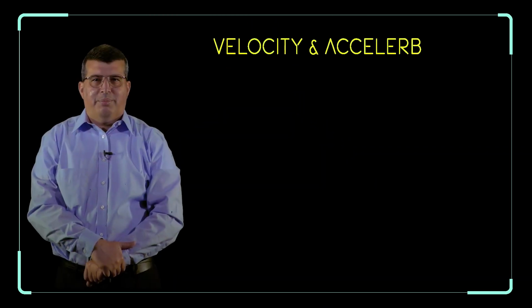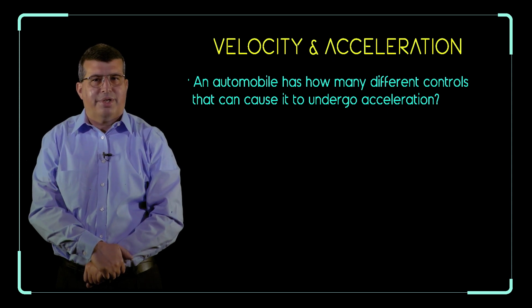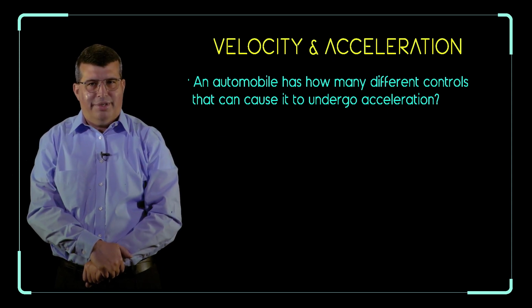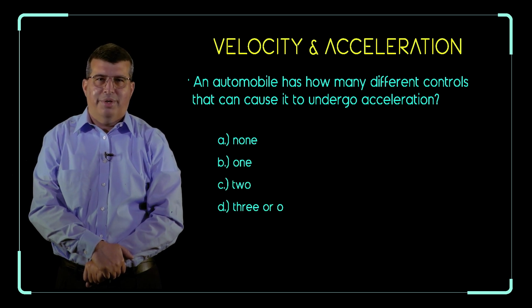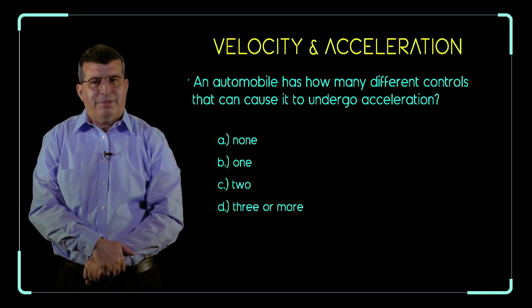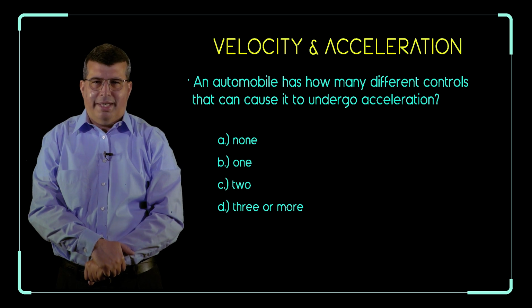Okay, here's another question. An automobile has how many different controls that can cause it to undergo acceleration? None, 1, 2, or 3 or more. So once again, pause, take a moment, and think about this. Pause and think, and come down definitively on one answer.